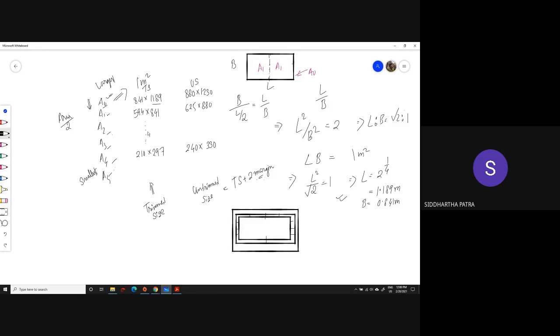In this way we can get various sizes including A4. But all of these are trimmed sizes. Initially the paper size would be kept untrimmed, which comes with a certain amount of margin, and the untrimmed size is the trimmed size plus twice the margin.